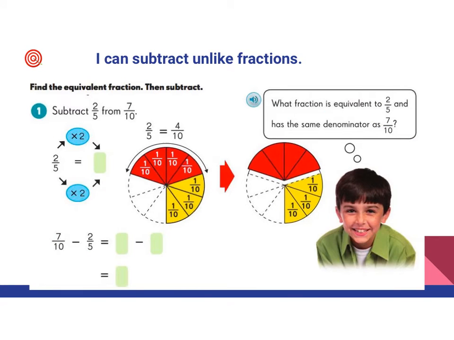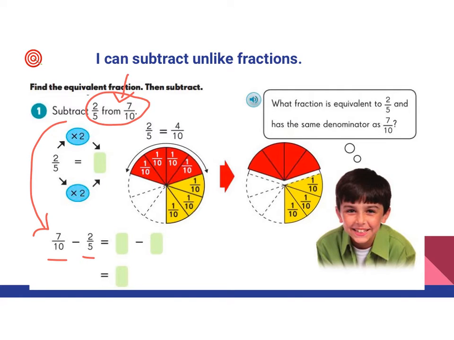Another problem, subtract 2/5 from 7/10. Notice that word from. So following directions here, what that means is I'm going to start with 7/10 and then minus 2/5 from that. So looking at these denominators, they're unlike fractions at the moment.